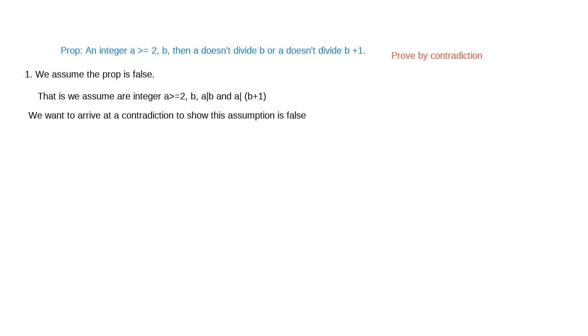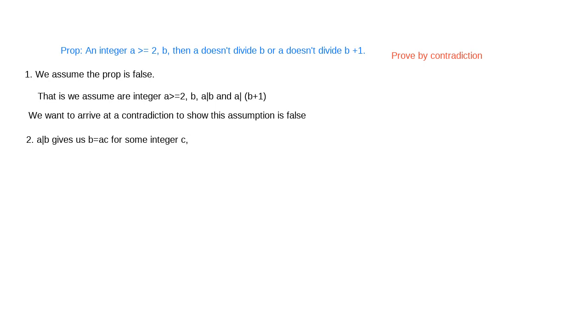A divides B gives us B equals to some A times C for some integer C. A divides B is to say B equals to AC for some integer C.